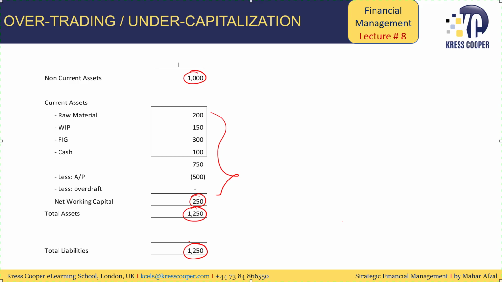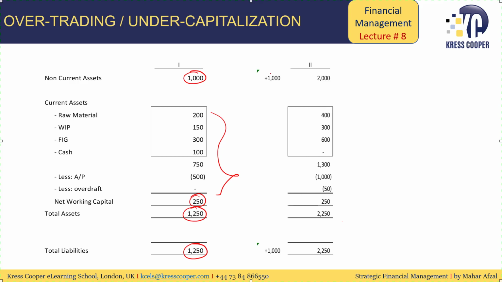When the management has decided to double the sales, definitely production will be double as well, and almost the same amount will be required to be invested in the non-current assets to make the production double. And management has decided to finance these non-current assets by taking long-term loans. So the value of total liabilities is 2250, and total non-current assets are 2000.